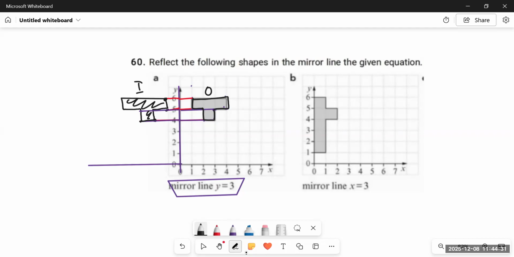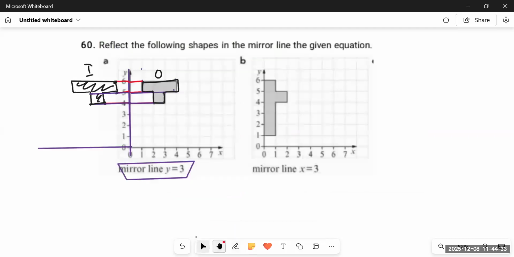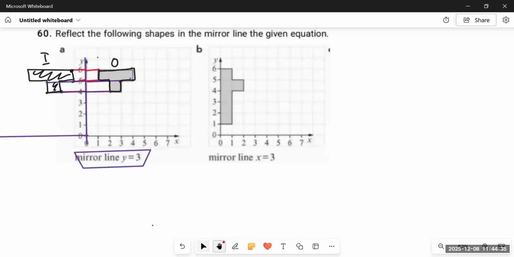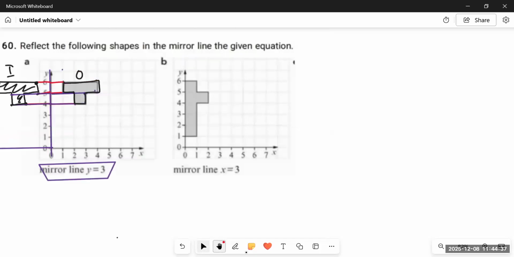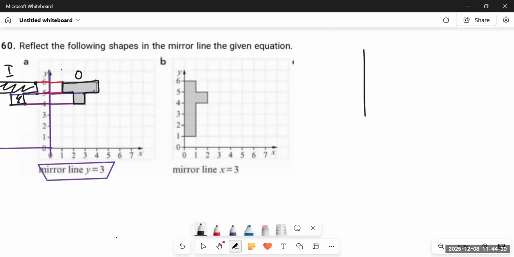In the second part, we have to draw the image of the given shape in the mirror line x. So what are we supposed to do over here? Now we will extend it like this. 1, 2, 3, 4, and we need not go down. Since the shape is here, 1, 2, 3, 4, 5, 6. Okay.